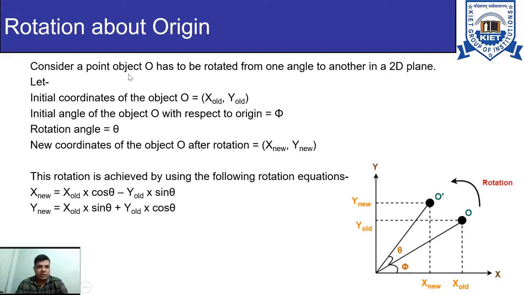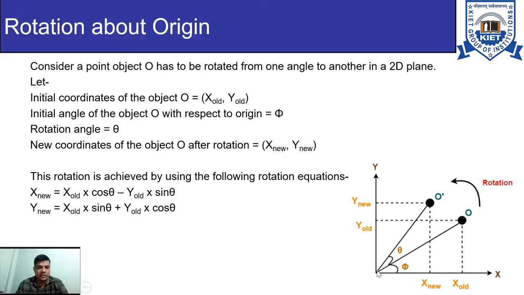Consider a point object O that has to be rotated from one angle to another in a two-dimensional plane. Here we are discussing two-dimensional transformation, so we have only two axes: first is the x-axis and second is the y-axis. Keep one thing in mind: the rotation that we are doing is about the origin.